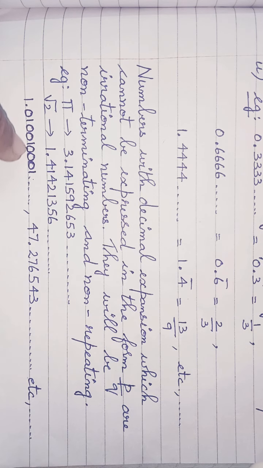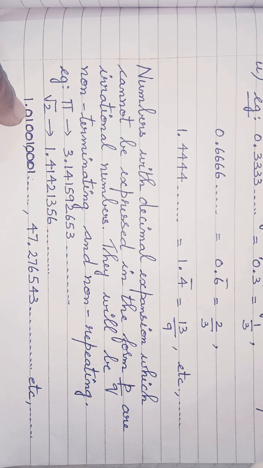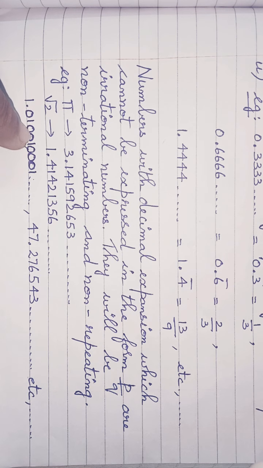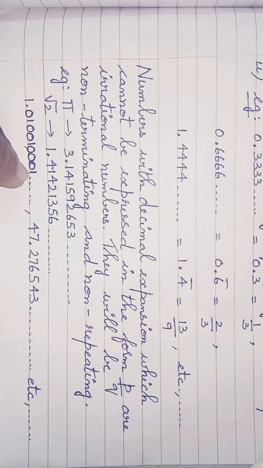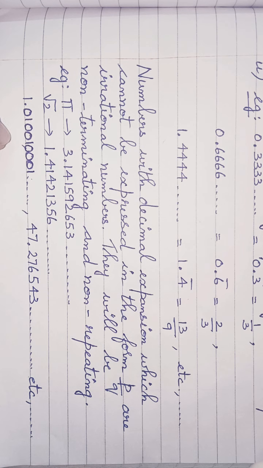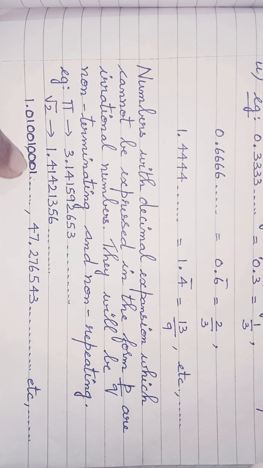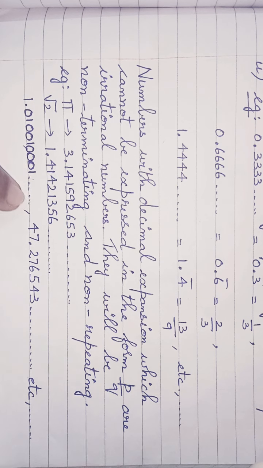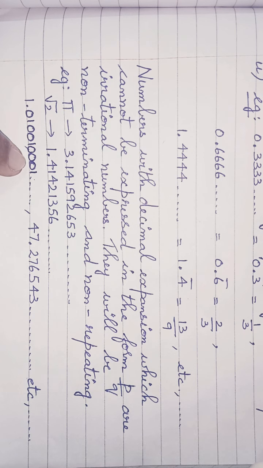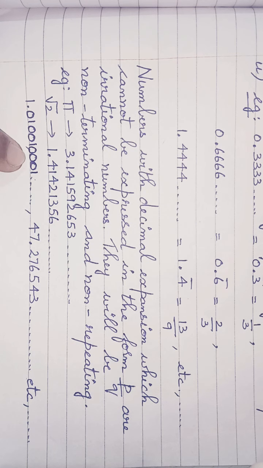For numbers where the same digits come again in the same order, it should be like this: 0 1 0 1 0 1 0 1. If you have something like that, then you can say that 01 alone is repeating again and again, but that is not the case here. Now you can see that the number is not ending and it is not repeating also. So this is also an example of an irrational number.